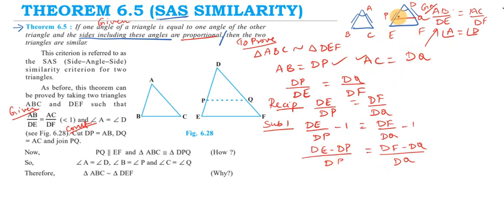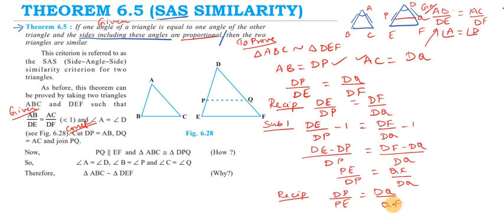What is DE minus DP? We have PE. So PE by DP is equal to, what is DF minus DQ? QF by DQ. Again we took the reciprocal. So when you reciprocate, you will get DP by PE is equal to DQ by QF.